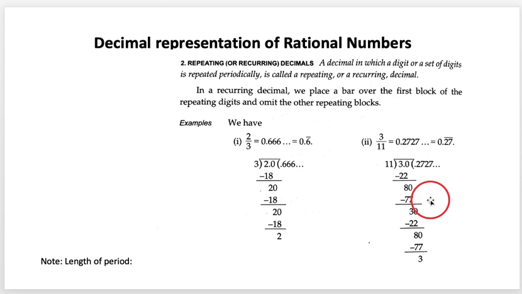The number of repeated decimal places in a rational number is called the length of its period. That means you see here the 27 is repeating. So we put a bar bracket on 27, and 27 means two numbers are there, it is a 2-digit number, so the length of period is 2.